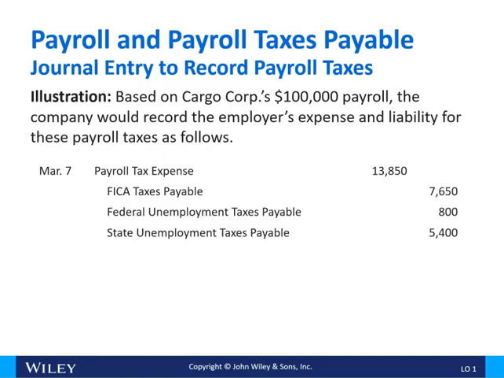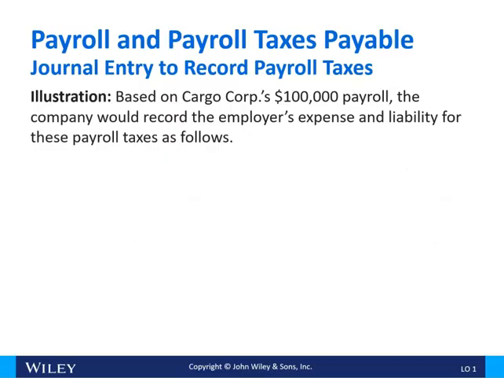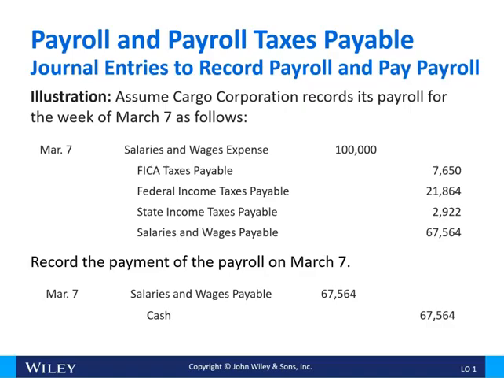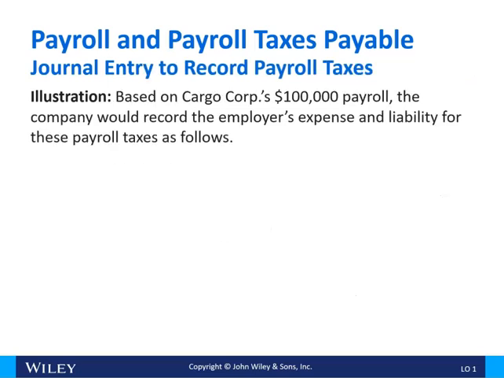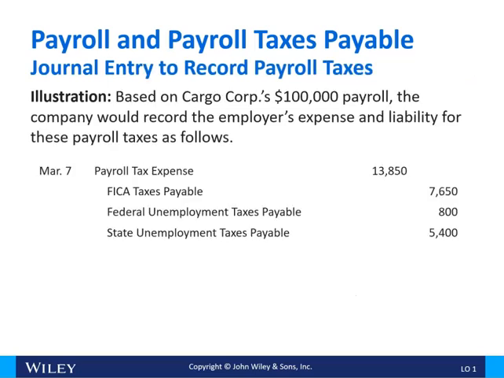Note, the FICA taxes payable, $7,650, is the same amount that we saw here that was withheld from the employee's paycheck. That's because for FICA taxes, the employee pays half and the employer pays half. So that's going to be the same amount for each of these entries.